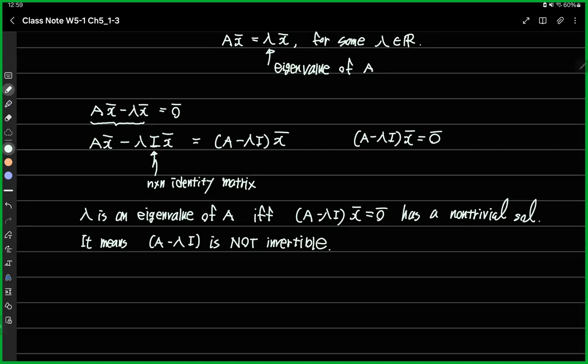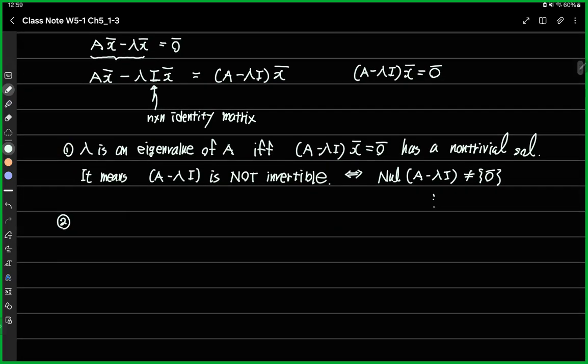Not invertible, what does that mean? I can keep going and write many equivalent statements. The null space of A minus lambda I is not just the 0 vector, right? Let me put this as equation number 3.